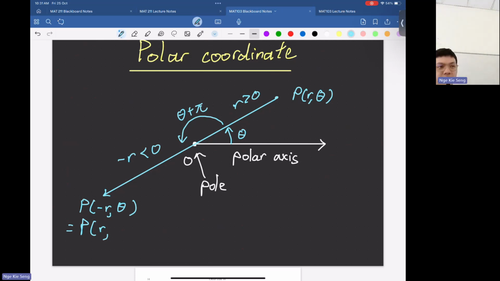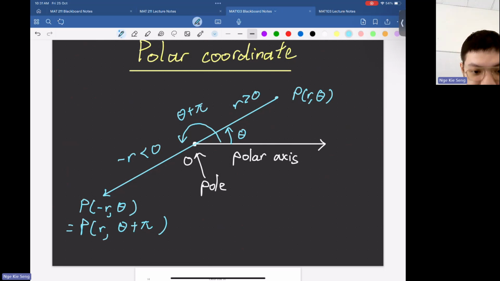This theta will become theta plus pi. I think I should draw this better, all the way from 0. So there are at least two ways to describe a single point. Actually, there are more. There are two more ways.